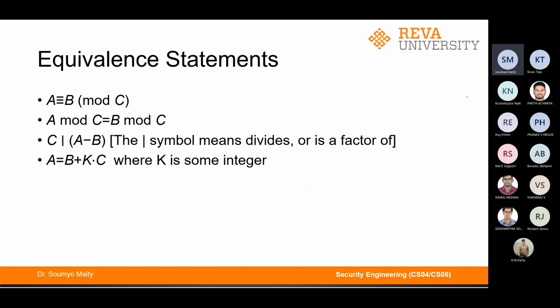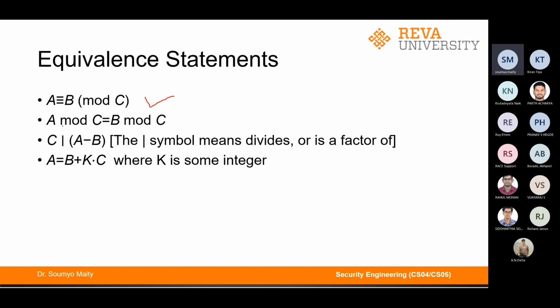Now, all these statements have the same meaning mathematically. A congruent to B with mod C means A mod C equals B mod C. Makes sense?